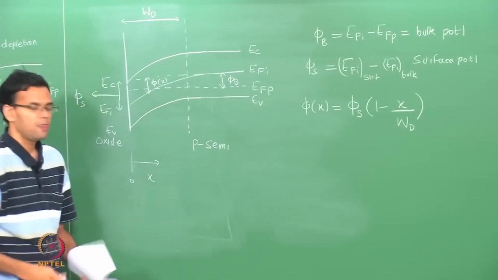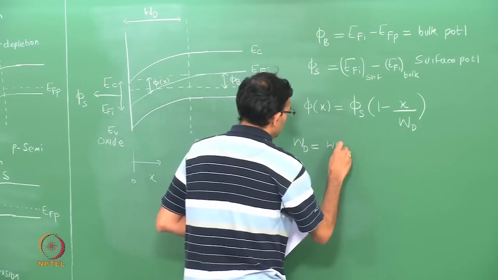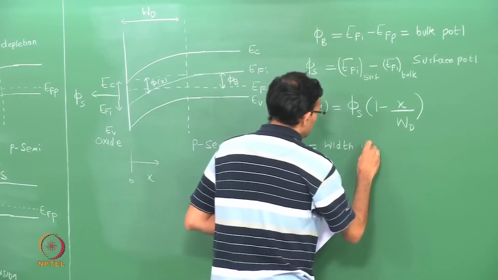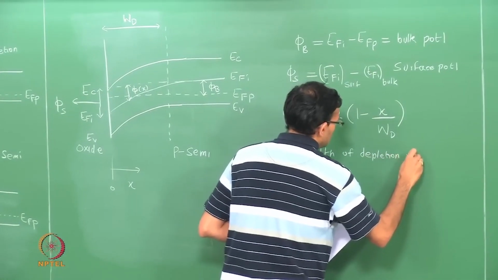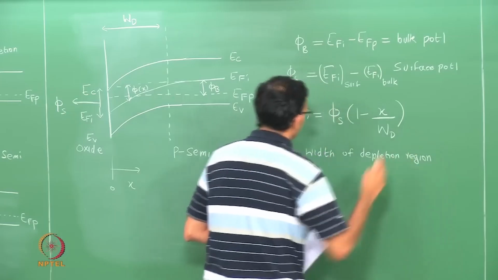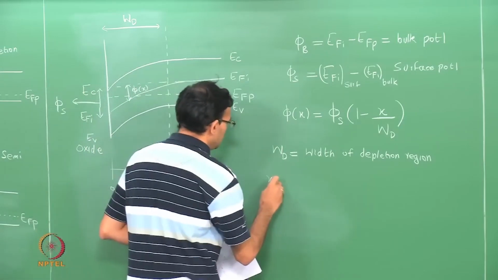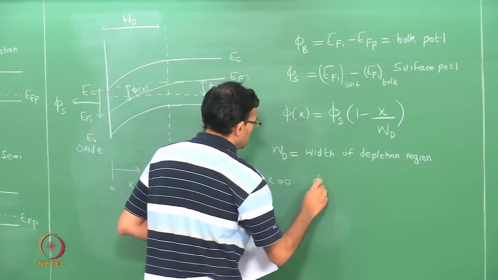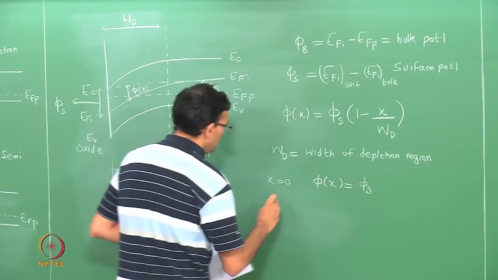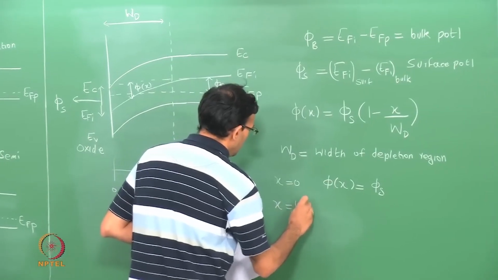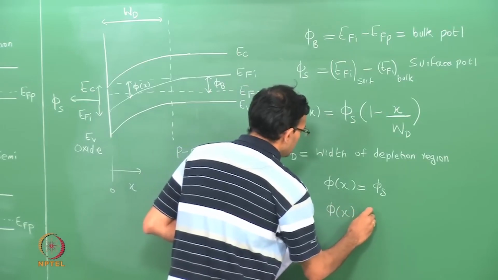So x is defined from the surface, so that when x is 0, psi of x is just the surface potential, and when x is equal to w d, psi of x is equal to 0.